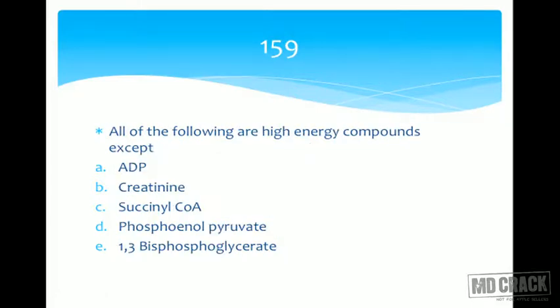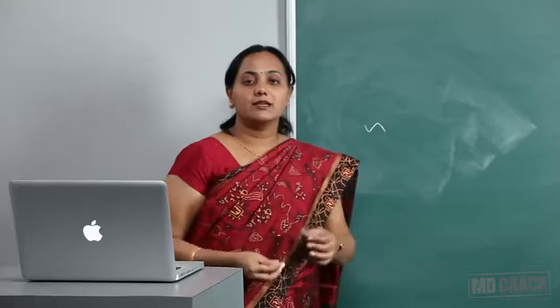All of the following are high energy compounds except ADP, creatinine, succinyl-CoA, phosphoenol pyruvate, 1,3-bis phosphoglycerate. So your answer should be creatinine. Why? Remember, what are high energy compounds? High energy compounds, we always write with a squiggle bond, the high energy bonds. So what are these high energy compounds?